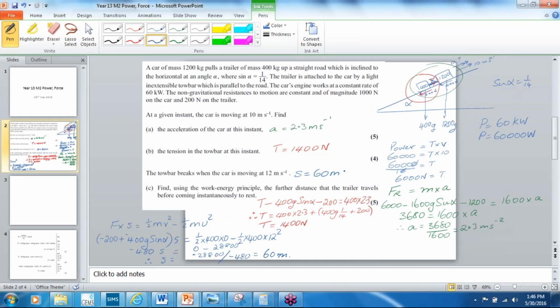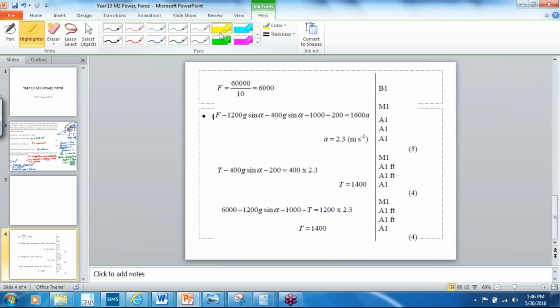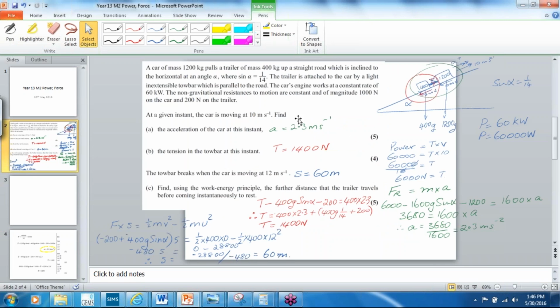Okay, so we had a part A, part B, part C question. Let's have a look at our solutions. Part A, we've got a equals 2.3 after you've looked at mass times acceleration being the resultant force, so we are correct.